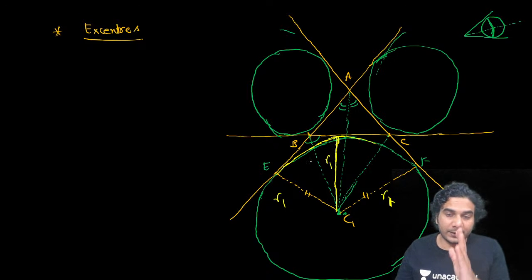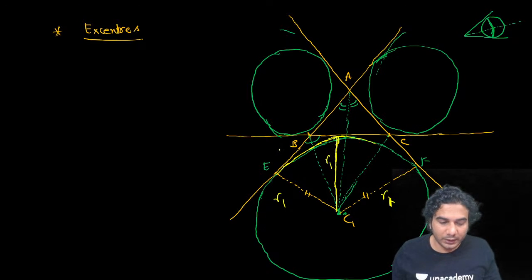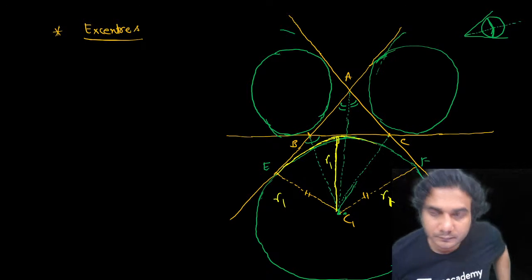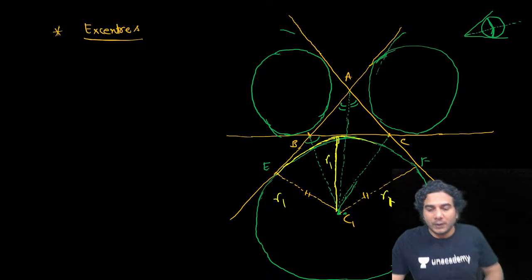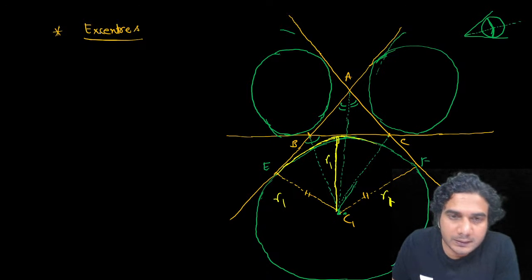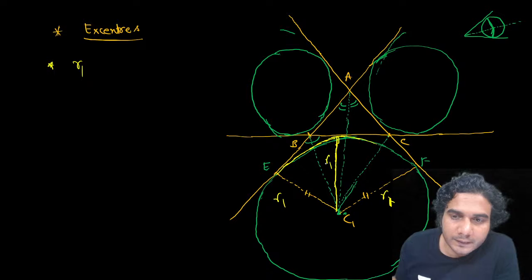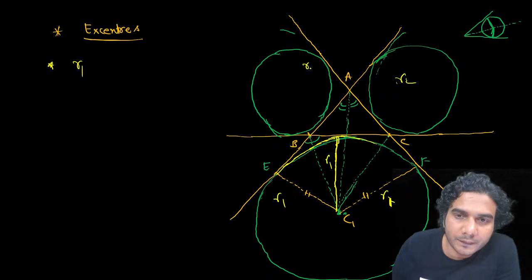This altitude and AC1 are different lines. Okay, do not mix them together. Okay, so these are 3 excircles. I'll tell you the radius. So the radius of this is R1, radius of this is R2, radius of this is R3.